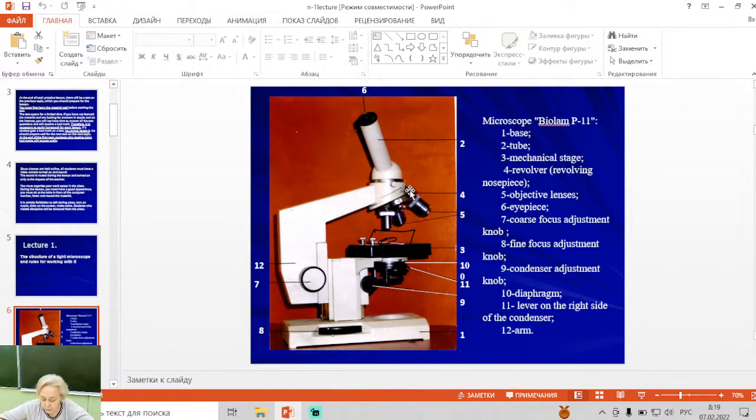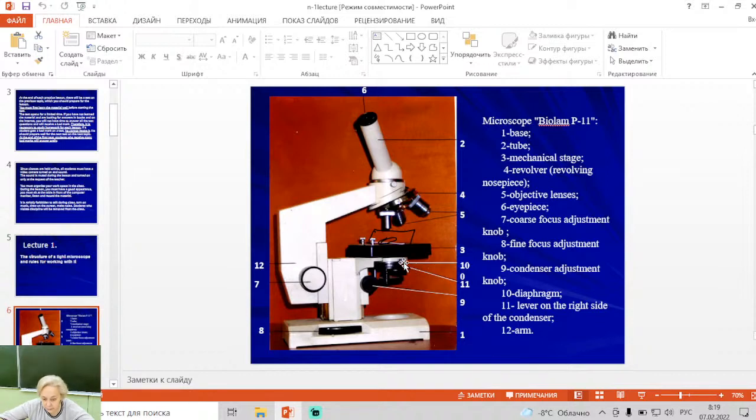So optical parts include the eyepiece and lens. The lighting part of the microscope consists of a mirror, or special lighting lamps, not shown on this slide.